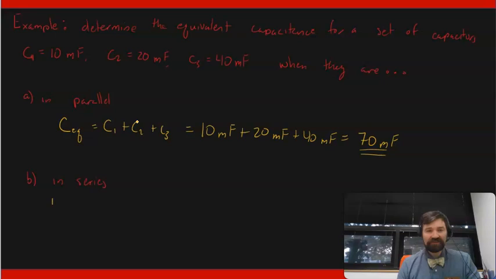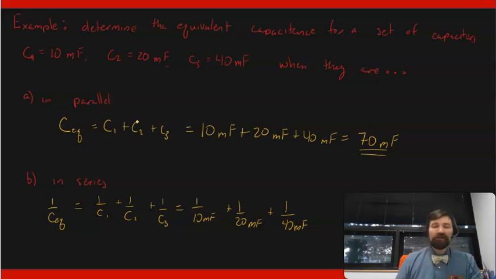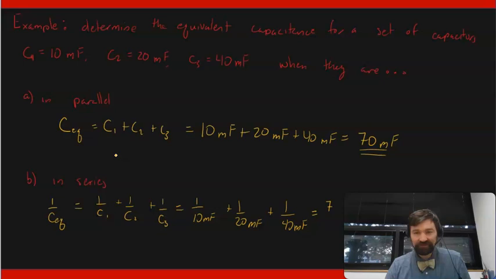If they're in series, then I have 1 over C equivalent is 1 over C1 plus 1 over C2 plus 1 over C3. And so that is 1 over 10 plus 1 over 20 plus 1 over 40 millifarads. So what does that add up to? It actually adds up to 7 over 40 millifarads.